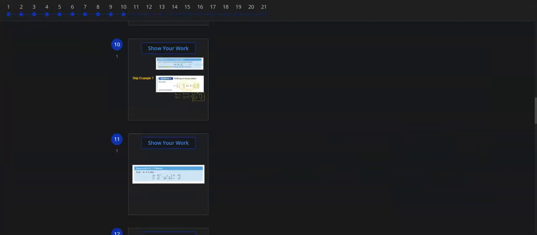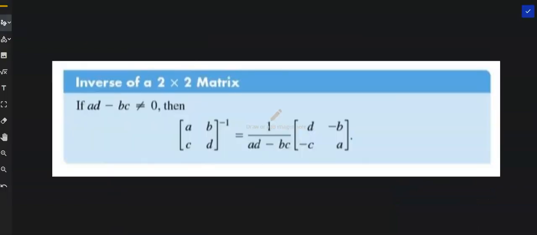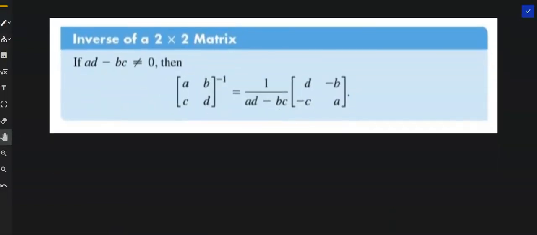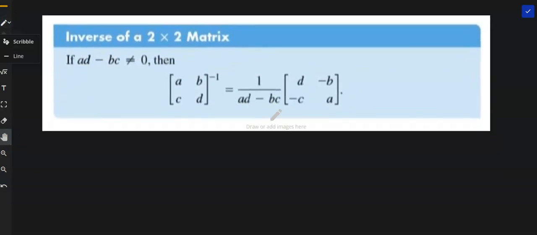Now, how do I find an inverse? That's kind of the important part we need to know. This notation with the little -1 is showing me that they're looking for the inverse. First thing we need is something called the determinant.